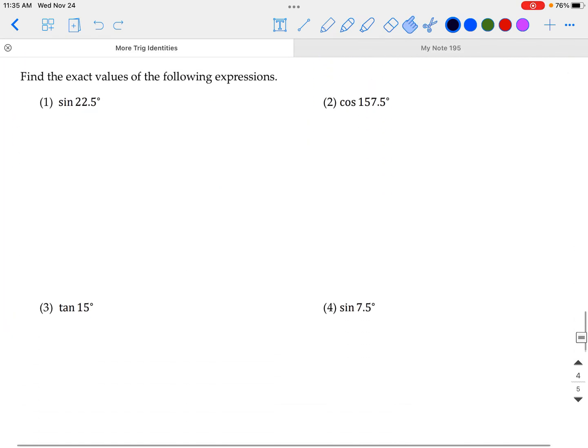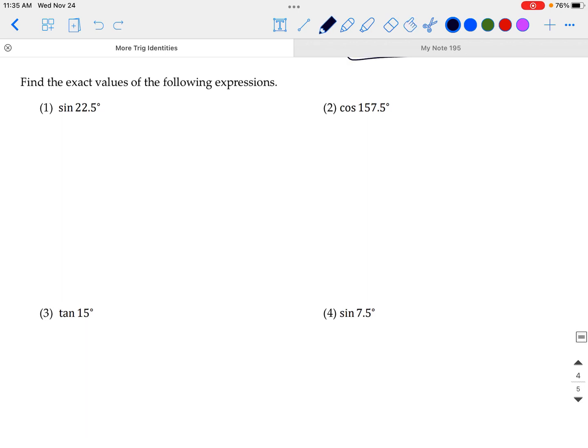All right, so getting back to these last few examples here, note we've got some half angle examples. So this expression here we'll note is going to be 45 divided by 2. This is going to be 315 divided by 2. So if these are half angles, we're going to want to use a half angle identity.